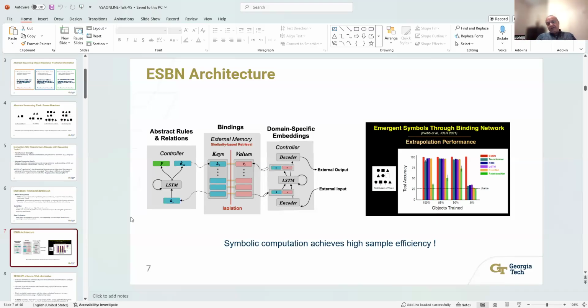Using only 5% of the training data set, you get 100% accuracy, which is the red bar graph on the very right. And you can see the accuracy of the other systems, including a transformer, is very low. These are for very specific Ravens matrix type computations. So I kind of went through this very fast.